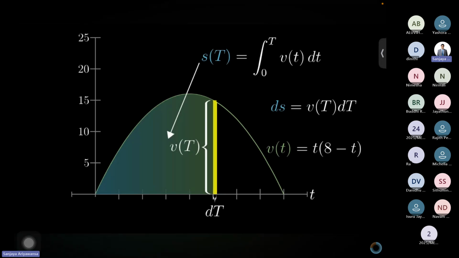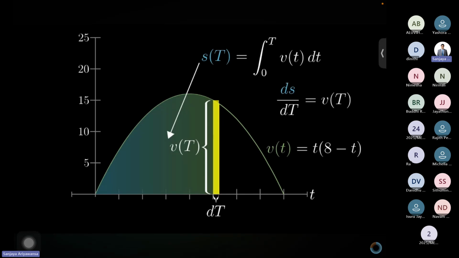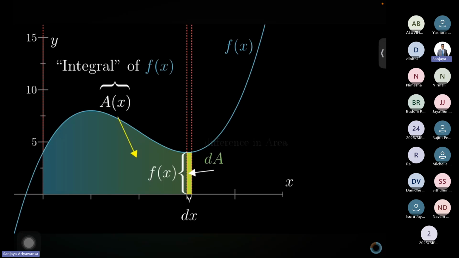And because that's an approximation that gets better and better for smaller dt, the derivative of that area function, ds/dt, at this point equals v of t, the value of the velocity function at whatever time we started on. And that right there, that's a super general argument. The derivative of any function giving the area under a graph like this is equal to the function for the graph itself.